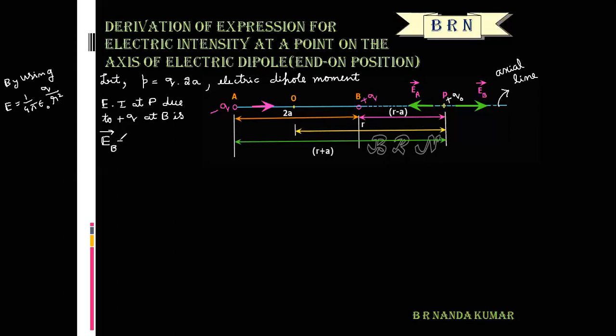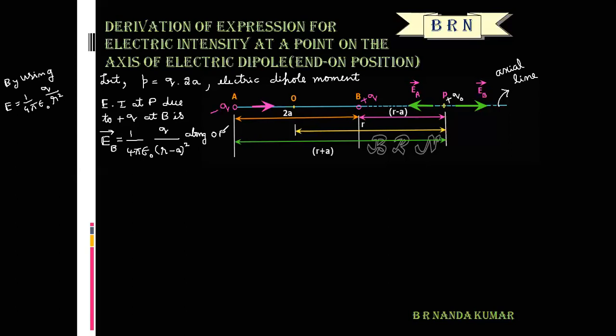So EB vector is equal to 1 divided by 4 pi epsilon naught, q divided by, what is the distance from the observation point to the point charge? That is r minus a. That is why q divided by (r minus a) whole square. And this is along which direction? That is very important. The electric intensity at point P due to plus Q at B is along OP direction, right?